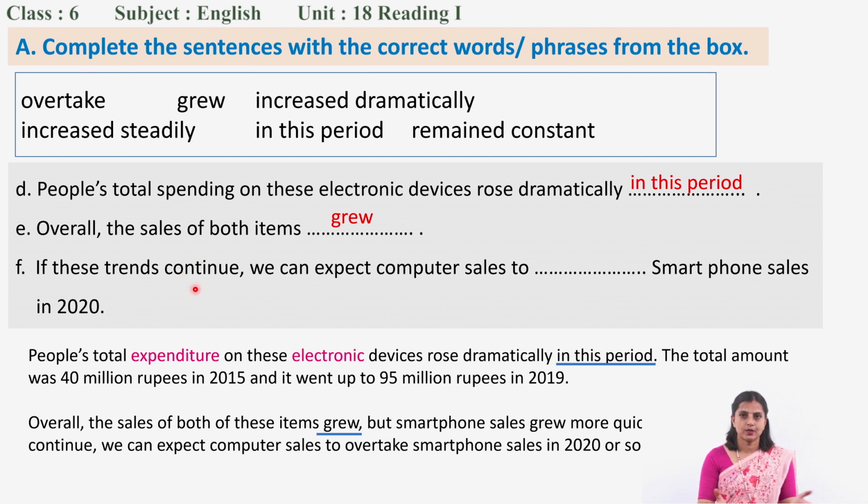So you can say this without only looking in the text also, isn't it? If these trends continue, we can expect computer sales to overtake smartphone sales in 2020. Okay, now we are done with exercise A.